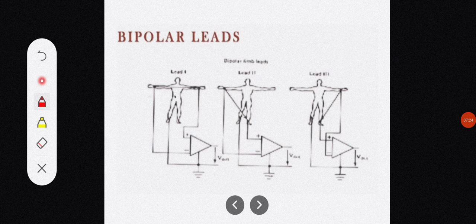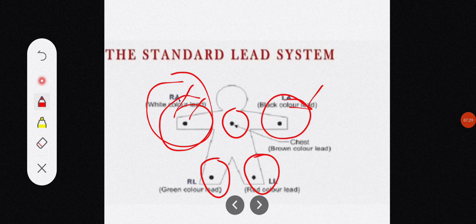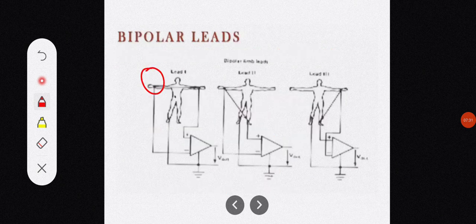So you can see here, these are the electrodes. This is the right arm electrode, this is the left arm electrode, and this is the right leg. So in total we have 3 electrodes which were used in the previous electrocardiograph machines, like this right arm electrode, left arm electrode, and this left leg electrode.